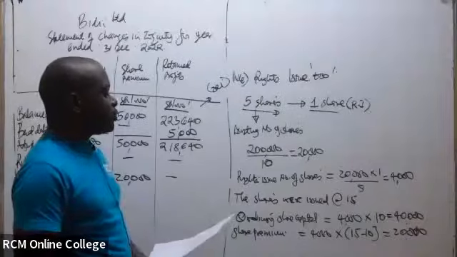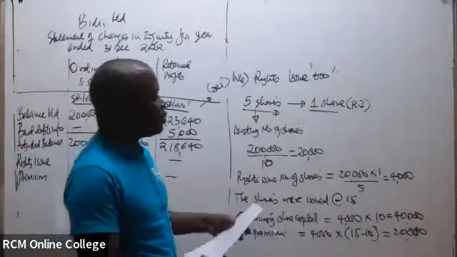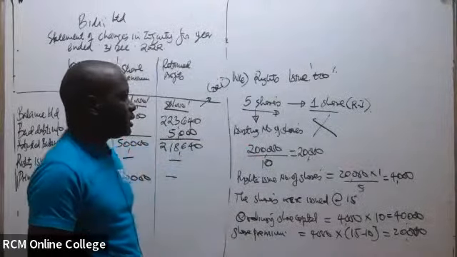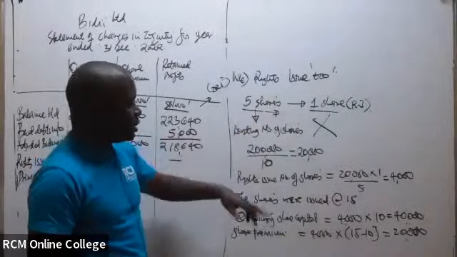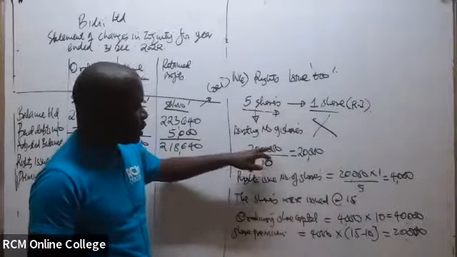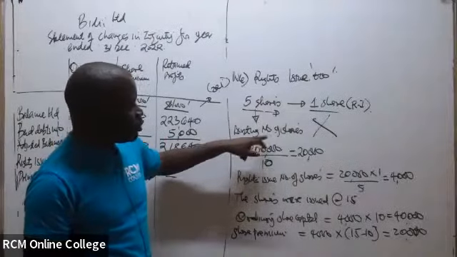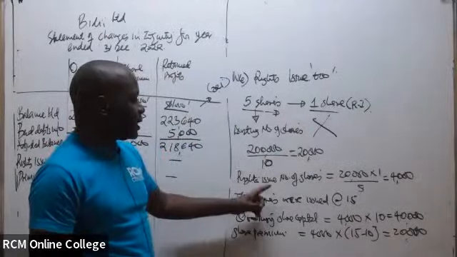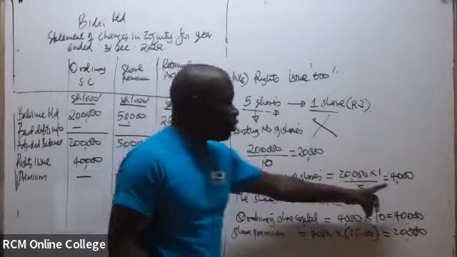So the rights issue here, you do cross multiplication, because 5 shares, 1 share; what about 20 million shares? You'll get that the rights issue was actually 4 million shares.